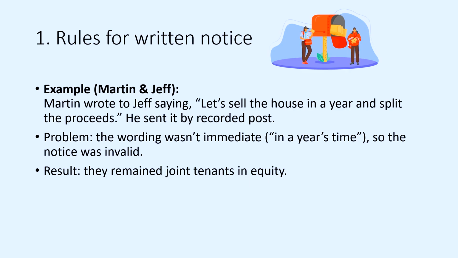Otherwise, he's done everything he needed to do, recorded post, we assume he's addressed it correctly and so on. That would be sufficient, but for the one problem we have, that it wasn't immediate. Okay, so because the notice is then invalid, both of them remain joint tenants in equity.